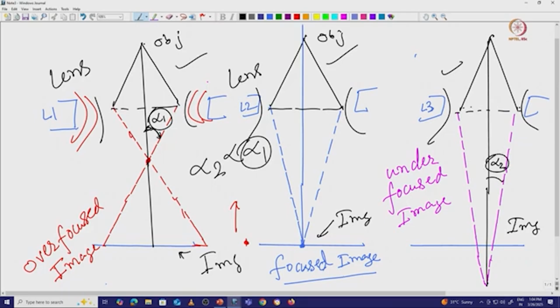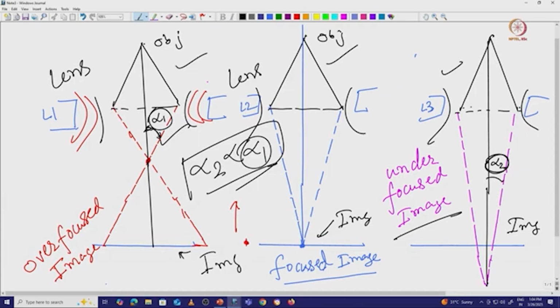So how this beam is converging and how it is coming and merging depends on this, and that is also regulating what kind of images we will get. This kind of image will be the under focused image. So for the under focused image, this angle alpha 2 will be smaller than alpha 1.